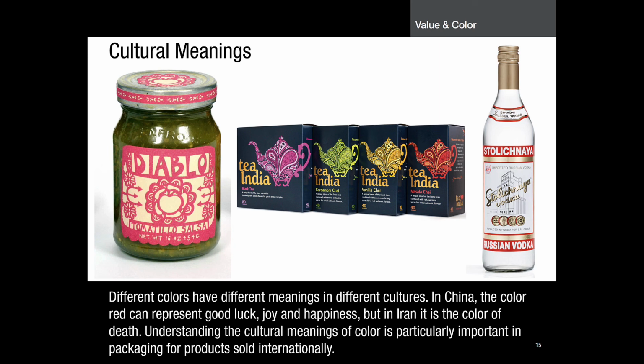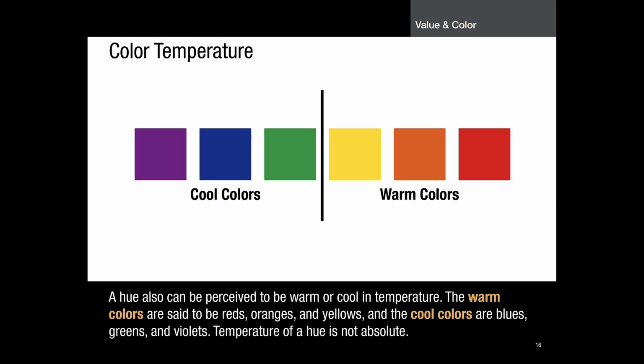But if you go into a lot of Eastern cultures, the color they associate with death and mourning is white. And if you go into Persian culture, the color they associate with death and mourning is actually red. So understanding certain colors have certain meanings, especially if you're designing packaging that's going to cross into other countries or other cultures, you need to make sure you understand that.